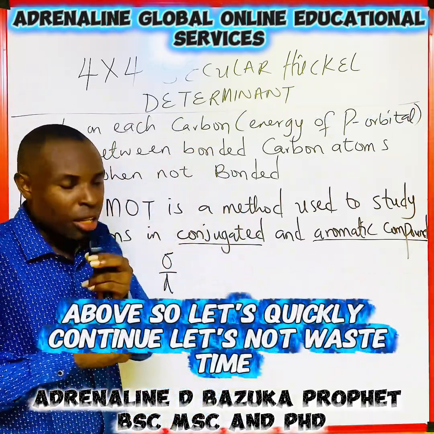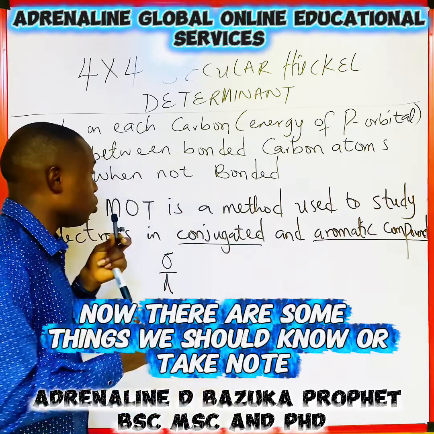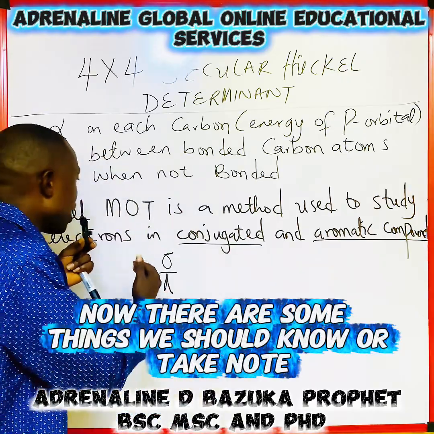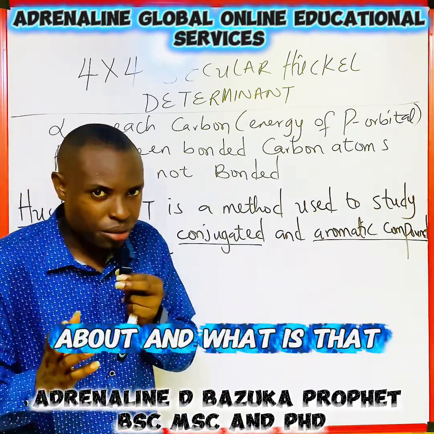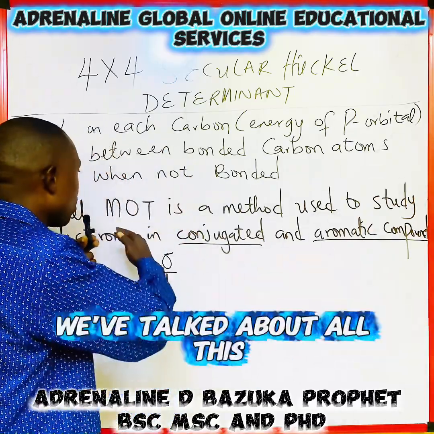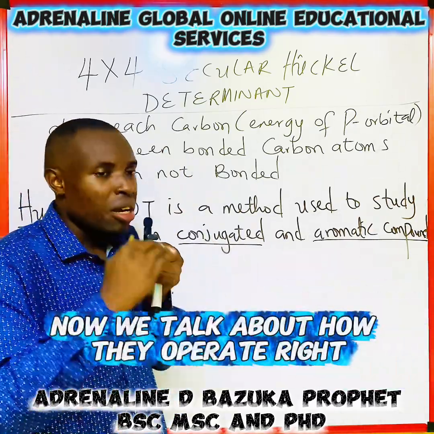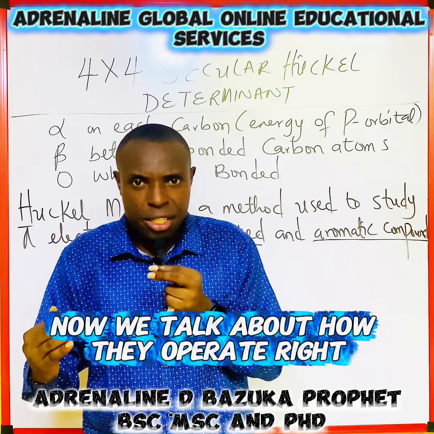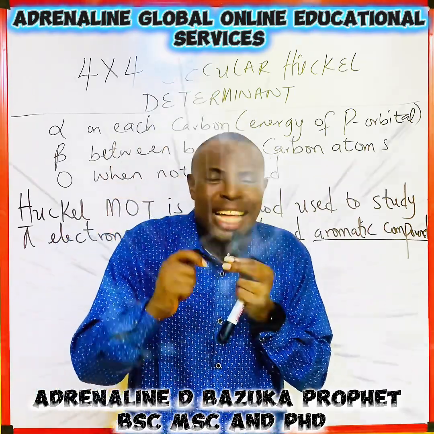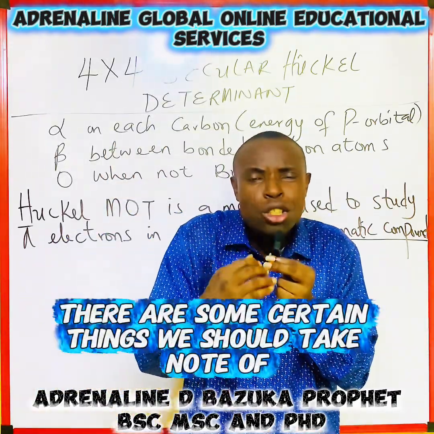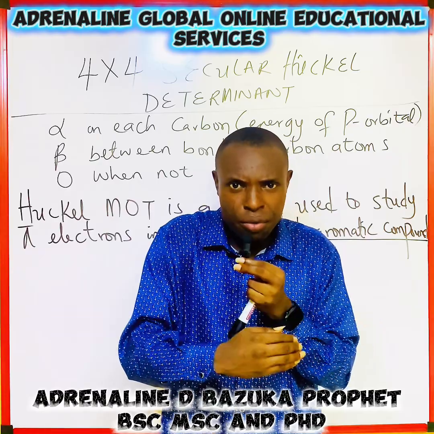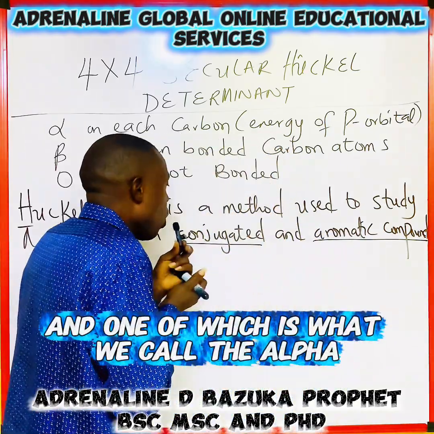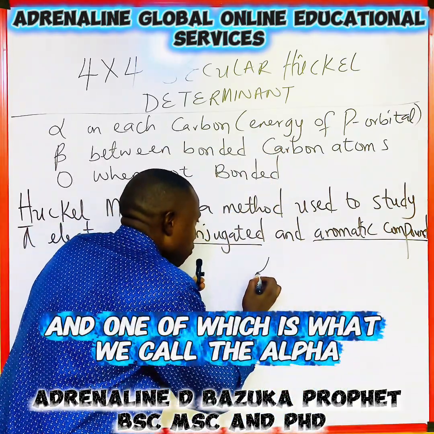Let's not waste time. Now, there are some things we should take note about. We've talked about all this, now we'll talk about how they operate. One of which is what we call the alpha.